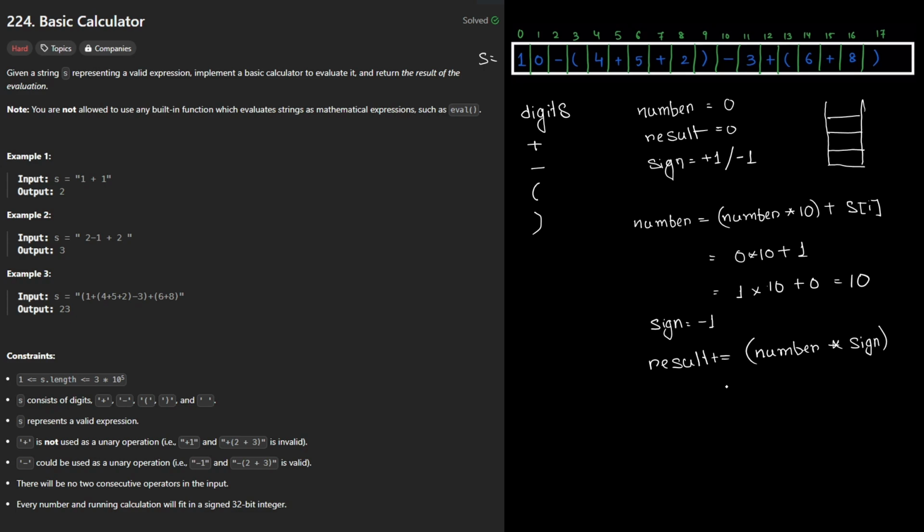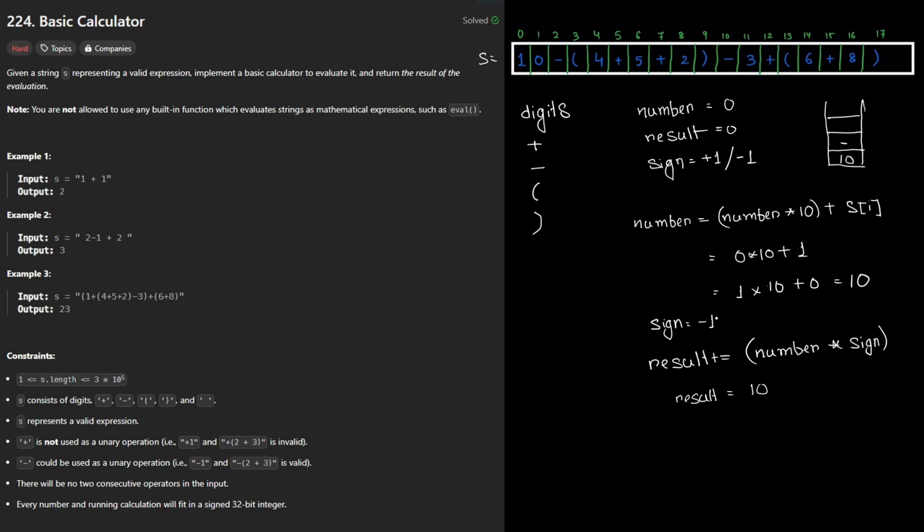Initially our sign was +1, so our number multiplied by sign gives us the result 10. So we are going to add 10 and the negative sign to our stack.